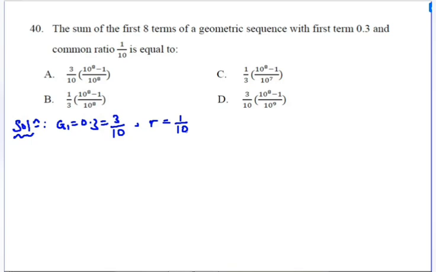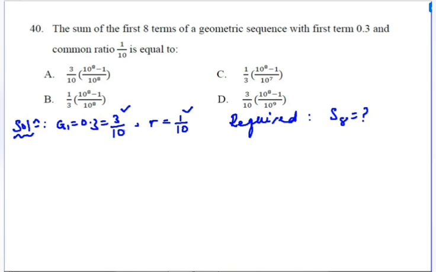Basically, a sequence is said to be geometric if the ratio between consecutive terms is constant. That constant is called the common ratio. Given this first term and common ratio, we are asked to calculate the sum of the first 8 terms of the geometric sequence.